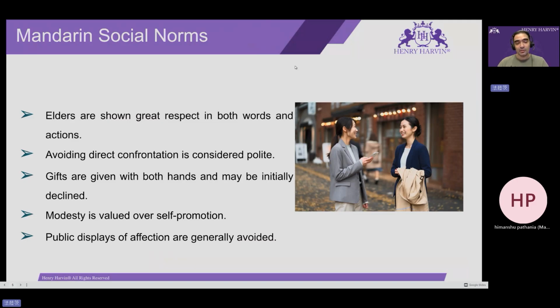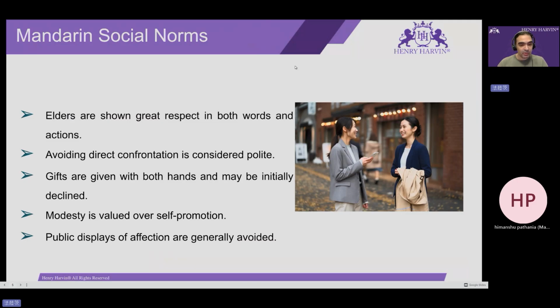So it's very important to understand that whenever there is an exchange of gifts between yourself and a person from a Chinese speaking society, it's always polite to give the gifts with both hands. So this is also going to be very important.